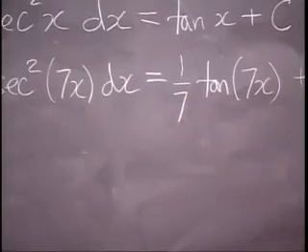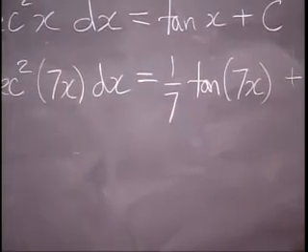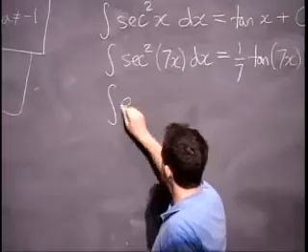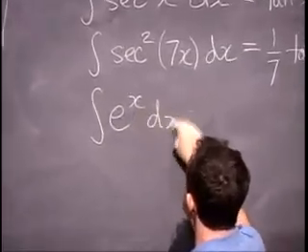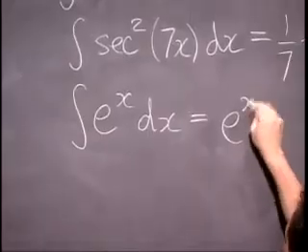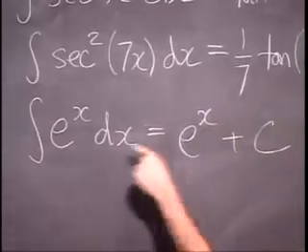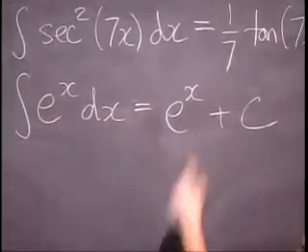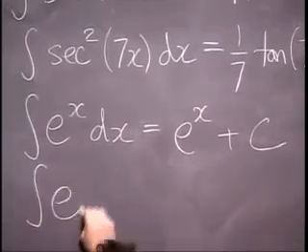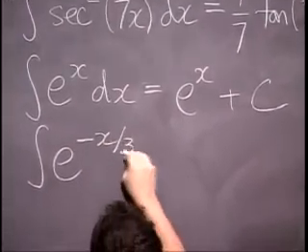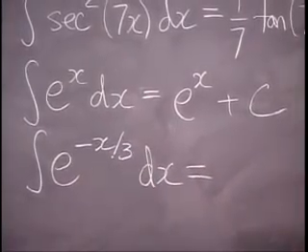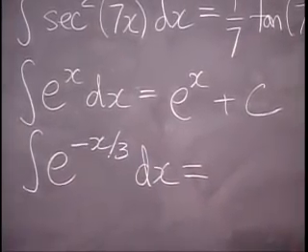Here's another example. What would the integral of e to the x be? Well, it's just e to the x. After all, the derivative of e to the x is e to the x, so of course the antiderivative of e to the x is e to the x plus a constant. So what if I replace x by minus x over 3? Well, you can think of this as multiplying x by minus 1/3.